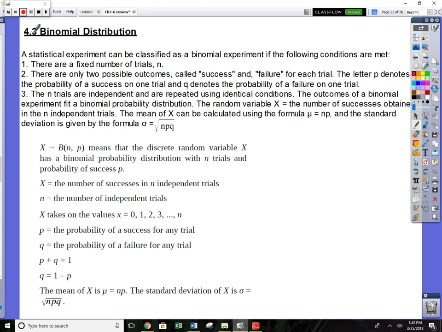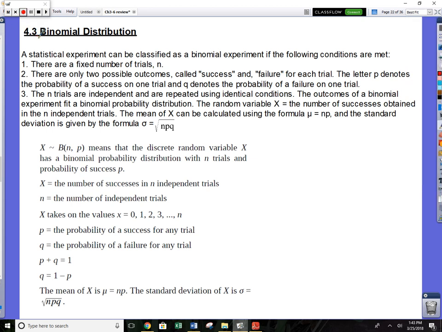Okay, let's get into the binomial distributions. Binomial distributions, I think these are probably the funnest out of all the stuff we've done so far. So binomial, here are the characteristics of a binomial distribution. There's a fixed number of trials, and each trial has two outcomes, a success or a failure.